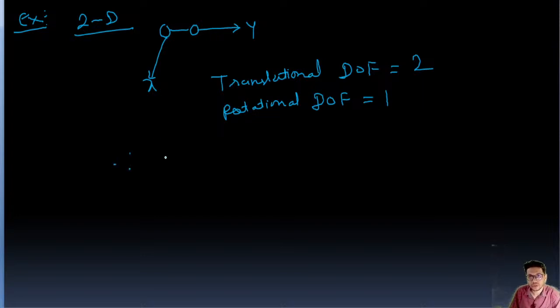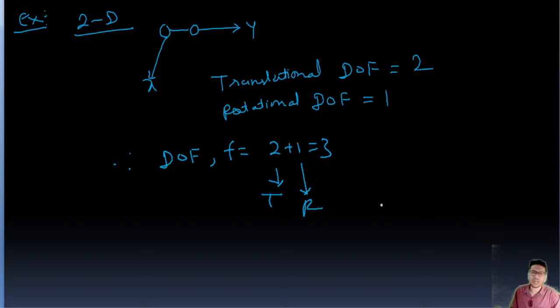So DOF, that is F, is going to be 2 plus 1, that is 3. So the degree of freedom is 3 in the case of 2D: 2 are translational and 1 is rotational. I hope, guys, you have understood it. Next point.